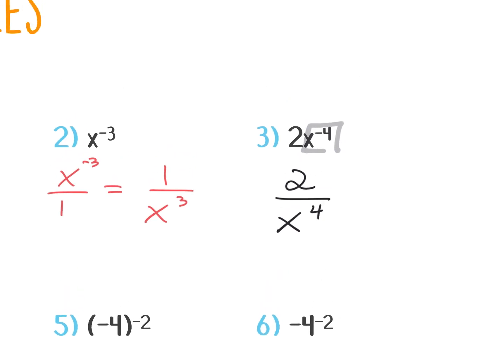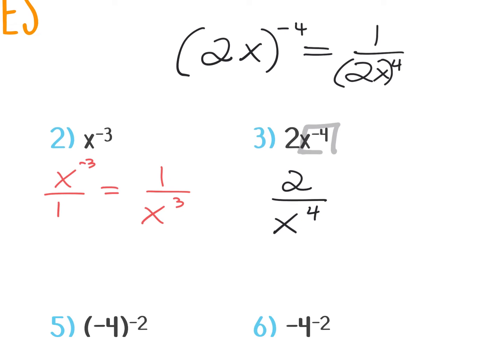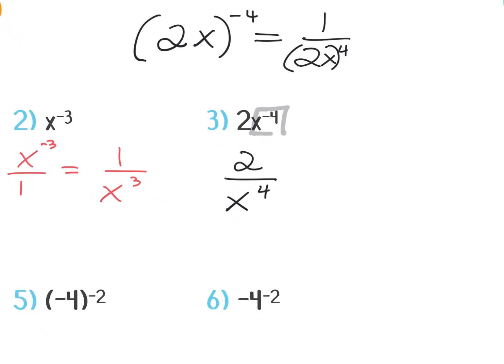Now, if it were in parentheses, 2x, and if this entire thing was raised to the negative 4 power, then I would move everything to the denominator, and then I would have to evaluate 2 to the 4 power would go on the 2 and on the x.